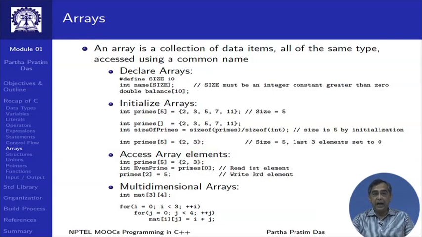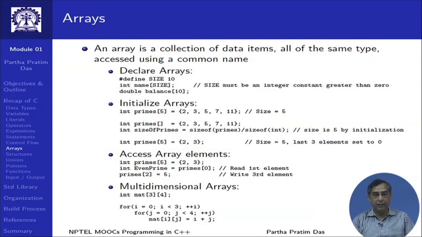Interestingly, in C, arrays are allowed to be initialized even without a specifically expressed size. I can just write primes without giving a size and just give the initialization list. The C compiler finds out how many elements you have initialized it with and assumes that is the size of the array.